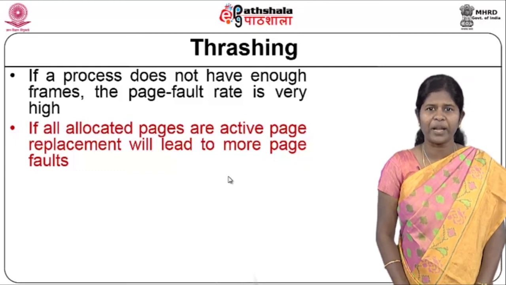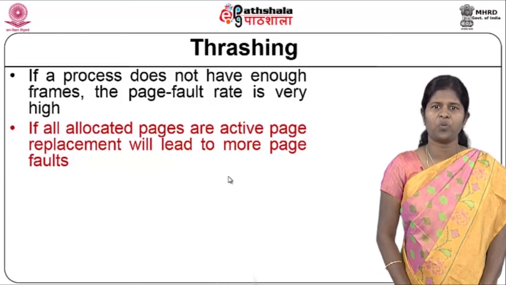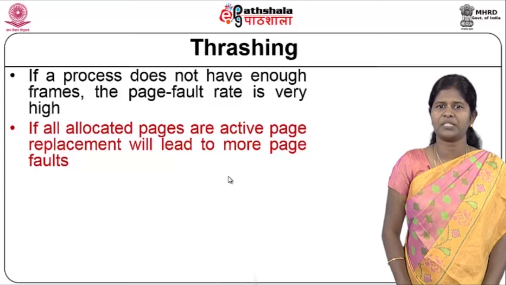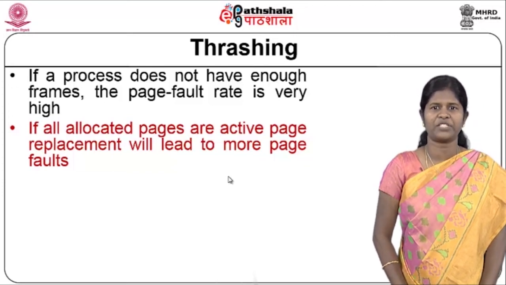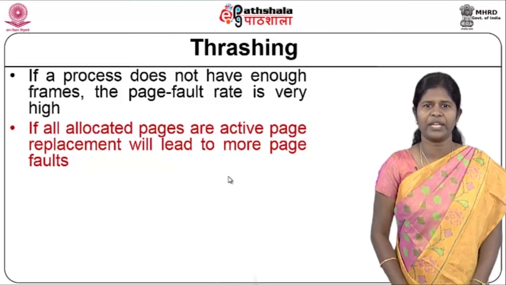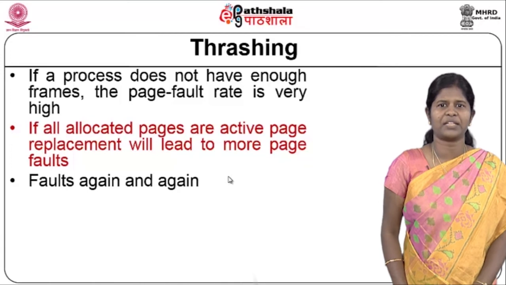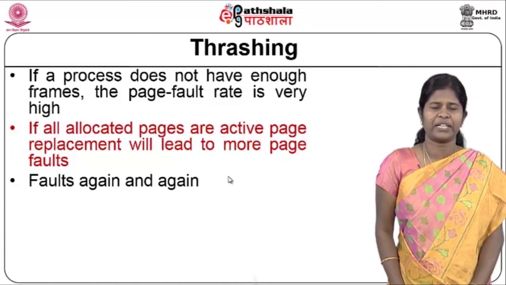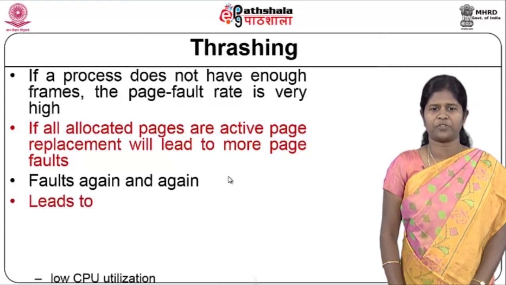You choose one among the 5 pages that are already in the physical memory and move it outside to bring in the 6th page. Now, if there is a reference to the page that you have just moved outside, it will lead to a page fault. Again you will try to move one of the 5 pages that are currently available, and if it is an active page, again and again you will get page faults.